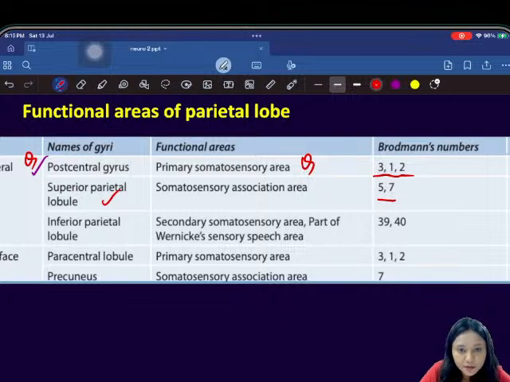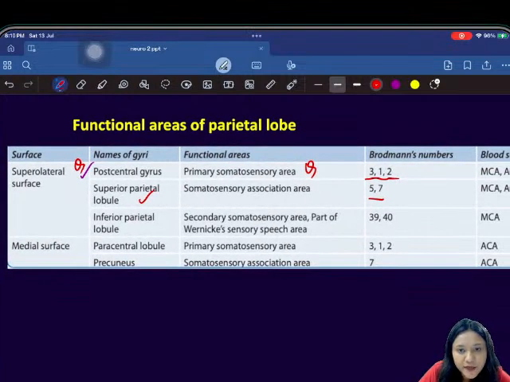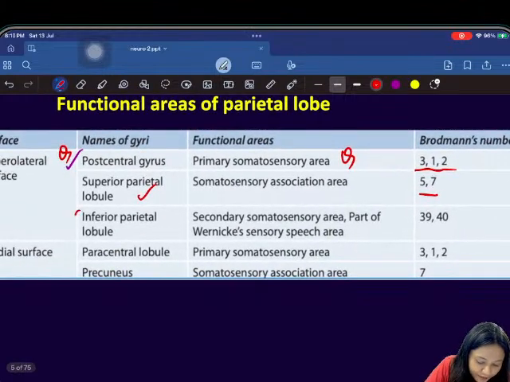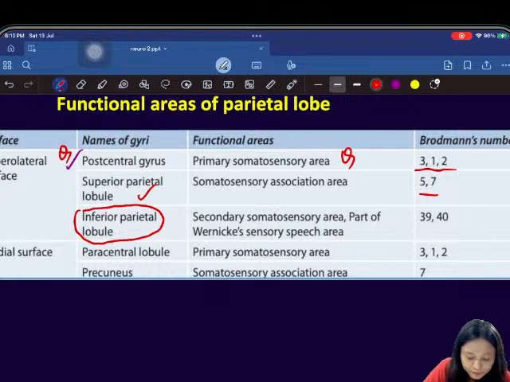Now, there is another confusion about the Wernicke's area. Some are asking whether it is area number 22 or whether it is area number 40, 39, 40. So, we'll come to this doubt later. But for now, try to remember that in the inferior parietal lobule, you have a secondary somatosensory area.